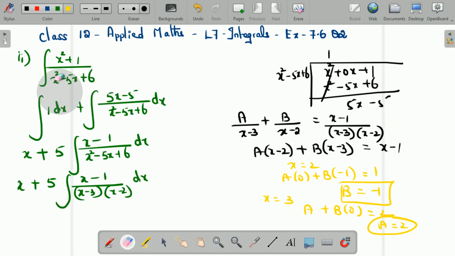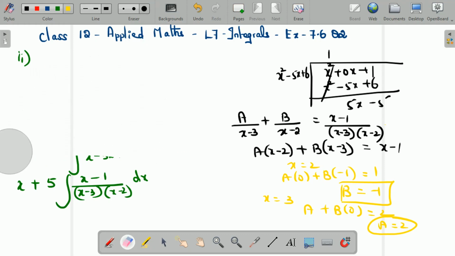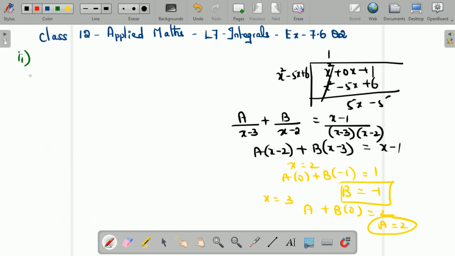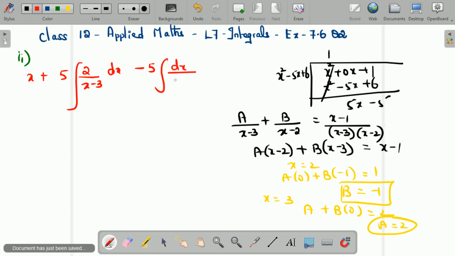Now let's see how this particular partial fraction gets changed. So this will be x plus 5 into, remember we are breaking it into two integrations, 2 divided by (x minus 3) dx minus 1 divided by (x minus 2) dx. So now if you calculate, you can do a substitution of x minus 3 as t.